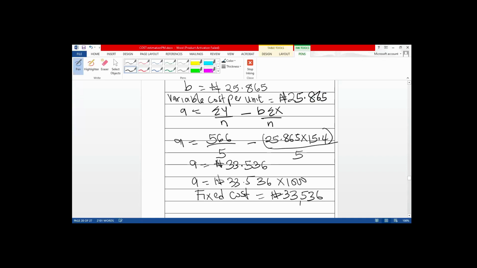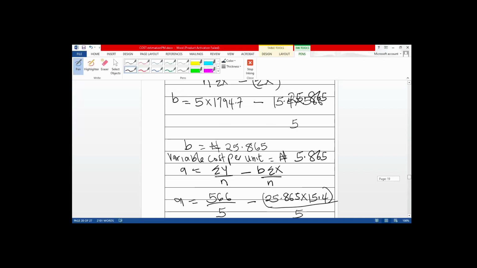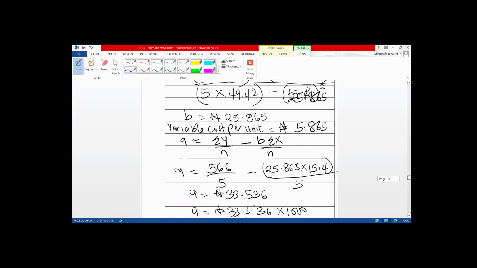Do we have to multiply by 1,000? No, sir. I think it's cost per unit. We can't because it's based on unit. Anyway, you don't have to multiply by 1,000.